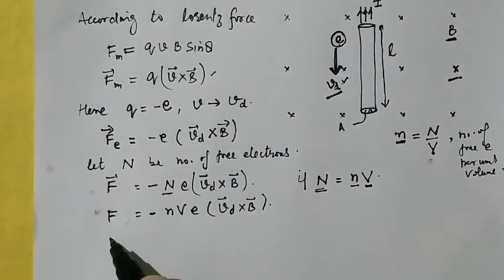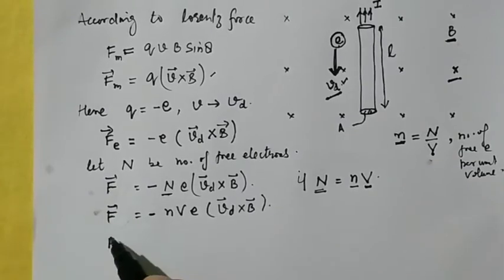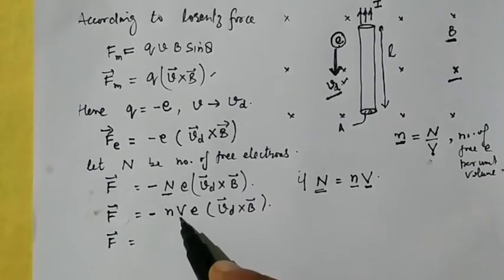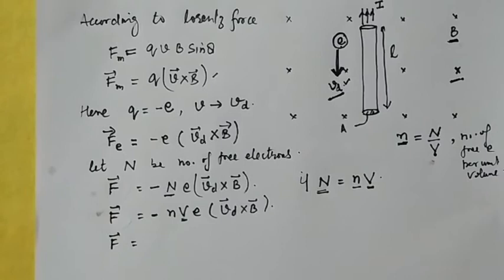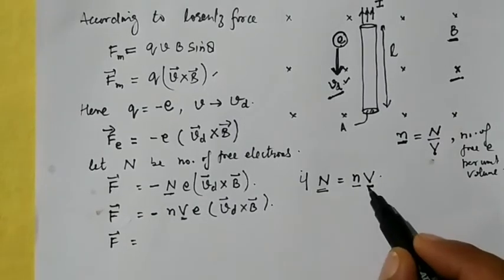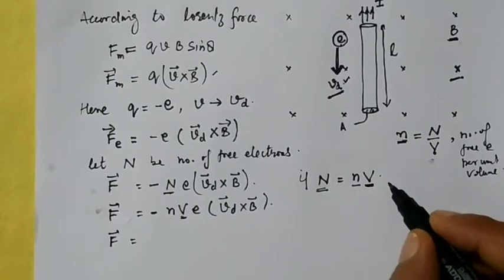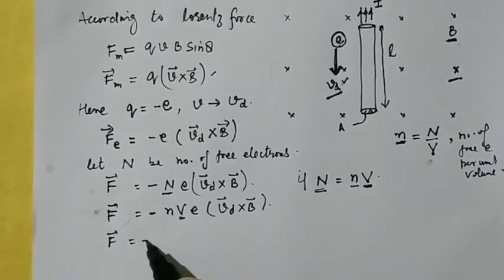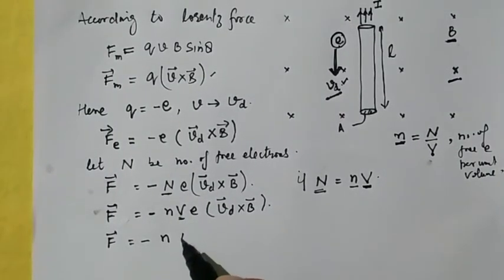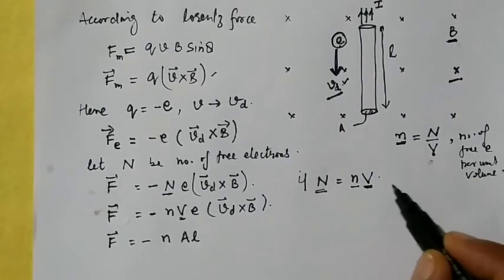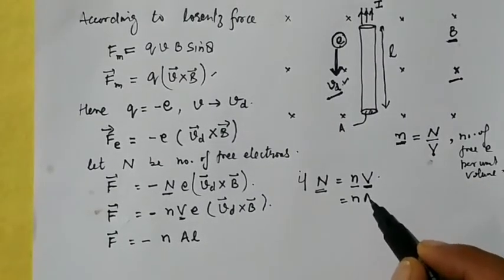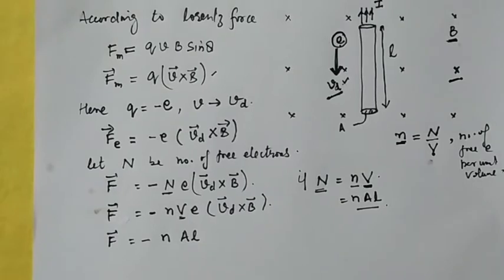Now again we solve a little bit. Put the value of this volume. This is nothing but the volume of this conductor. So what is the volume of this conductor? Volume is area into length.